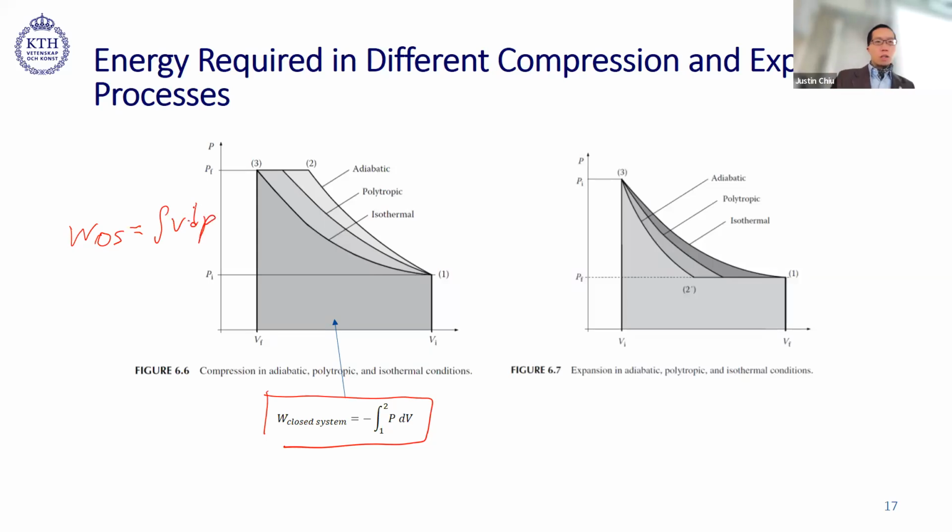And then we know that the area in gray is the closed system. And then I'm going to draw this, and the area in red here is the open system work, or energy. In this case, it's energy.